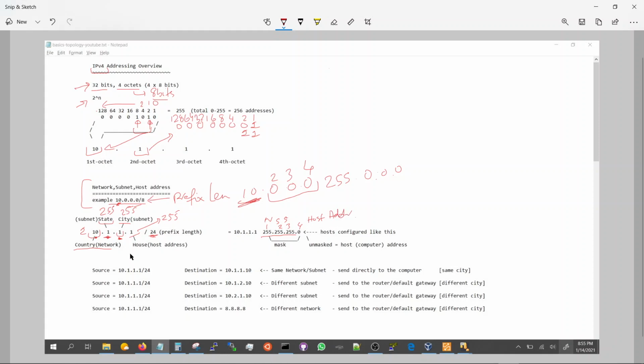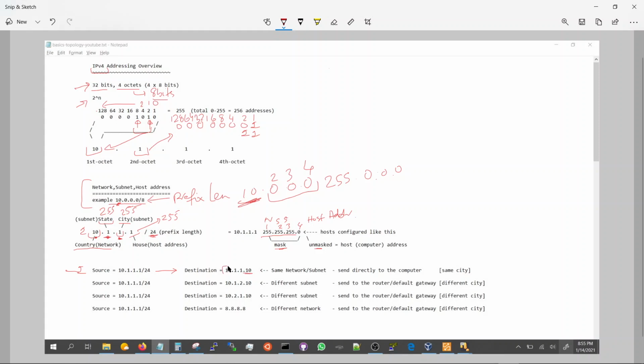Now, why do we need to do the masking here? Here's the explanation. In the first example, we take the source address, which is our address, 10.1.1 with /24, which is our computer address, let's say. And our destination address is 10.1.1.10.